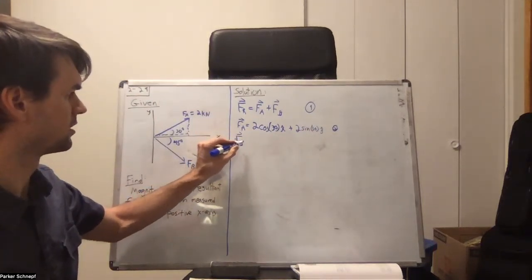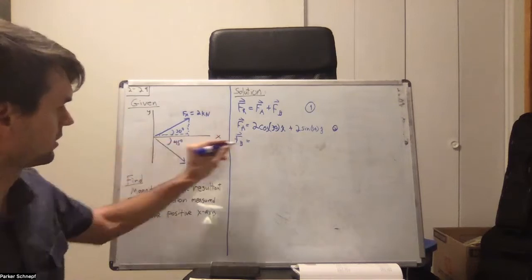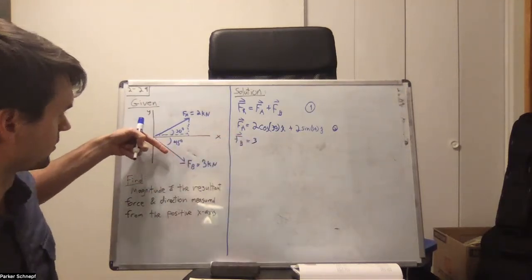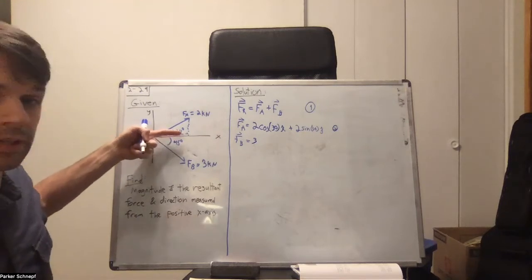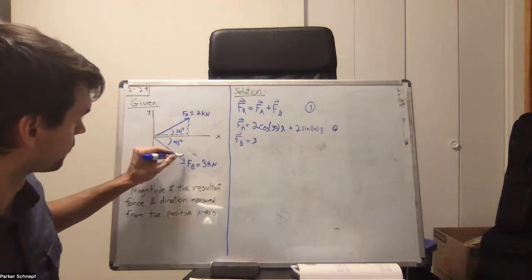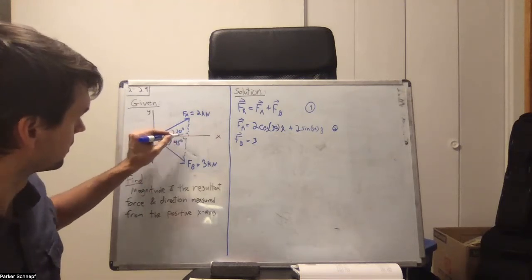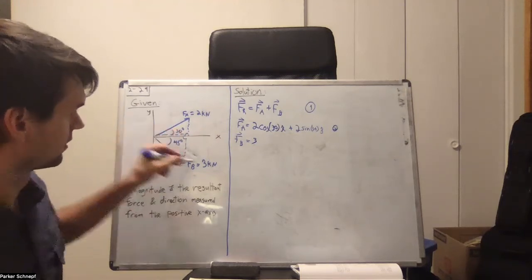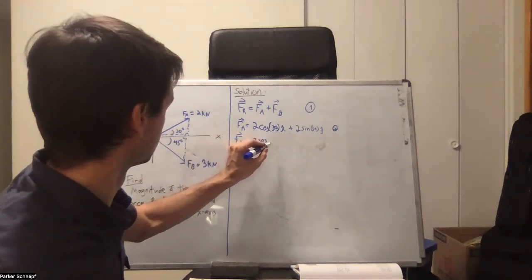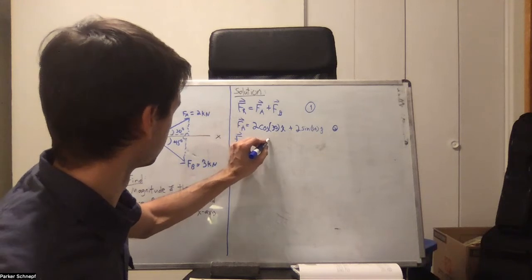So FB, I have 3 as my magnitude, and cosine 45 will give me that relationship between the adjacent length, right? If I were to make this a little right triangle, the adjacent length, which in this case is the x direction, so cosine 45.